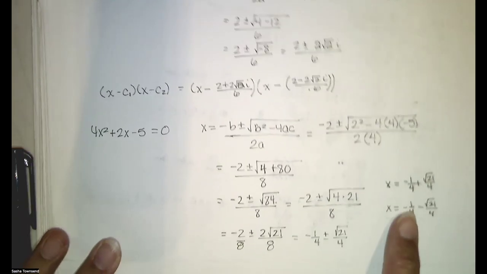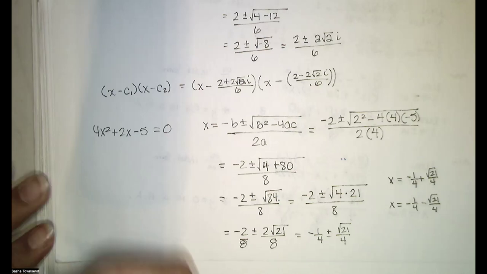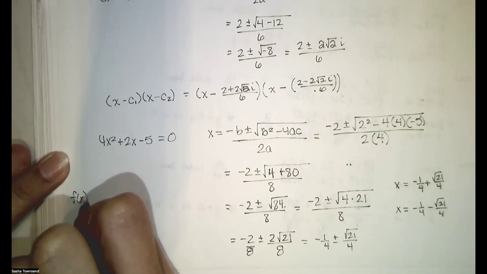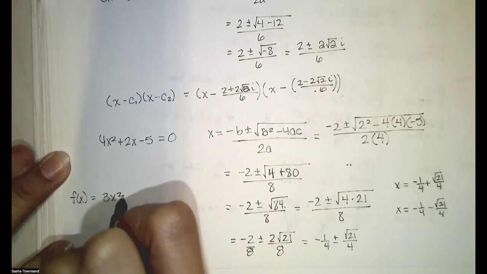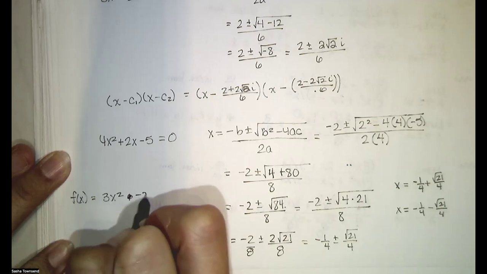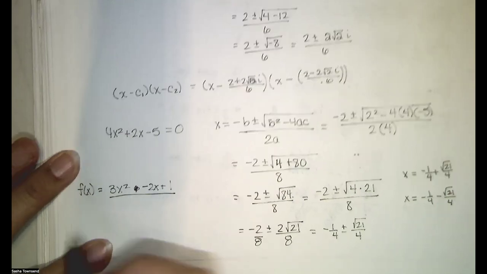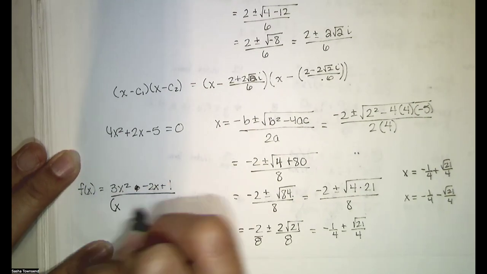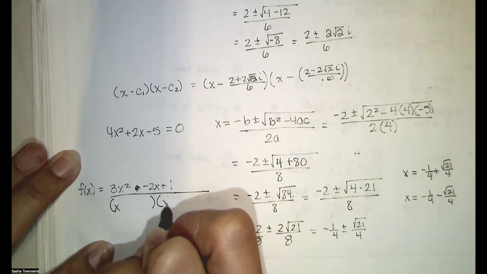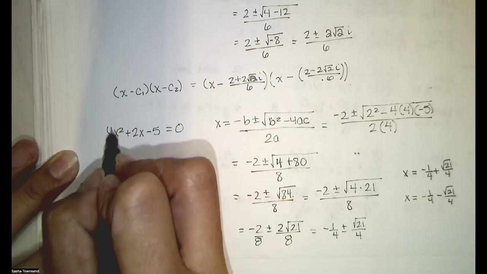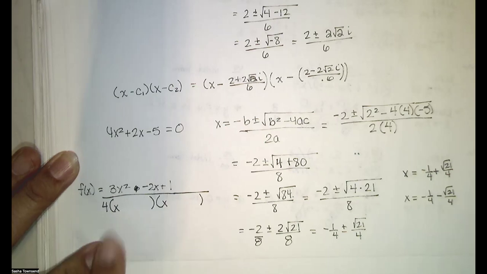So those are actually going to be the vertical asymptotes of our function. Say, how do you know that again? Our numerator does not factor in the real number system. And our denominator does factor in the reals. And we actually have to multiply by a 4 to make it actually equal to that.